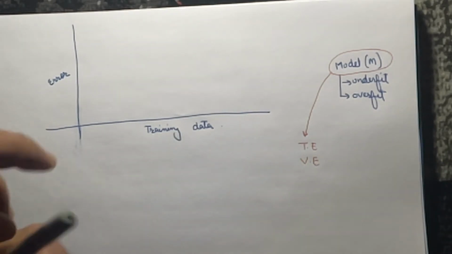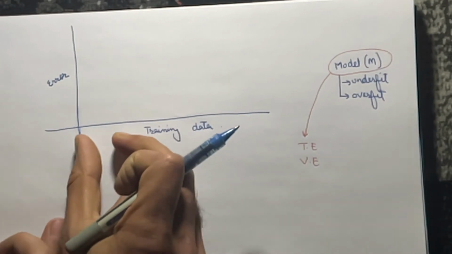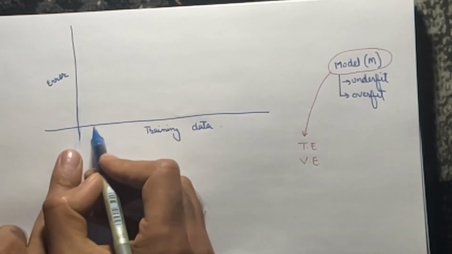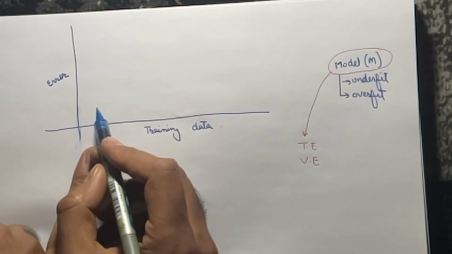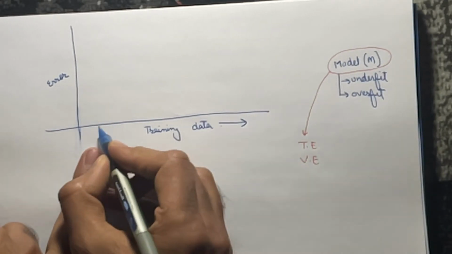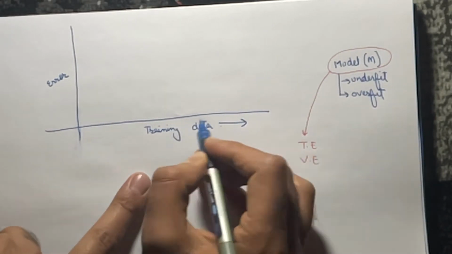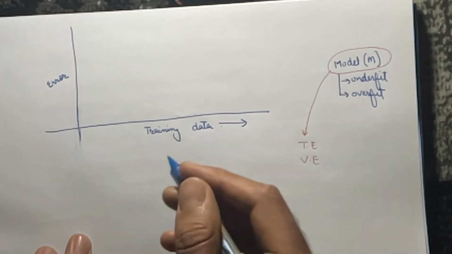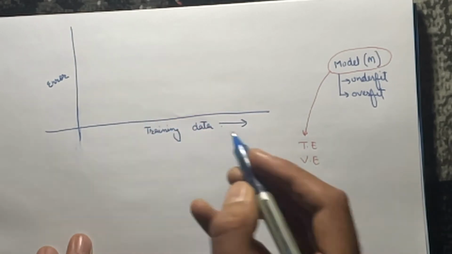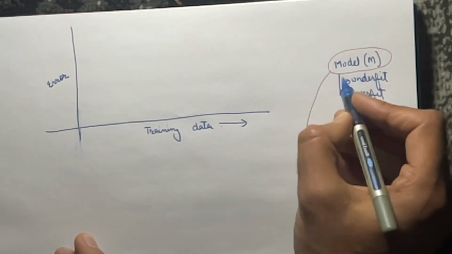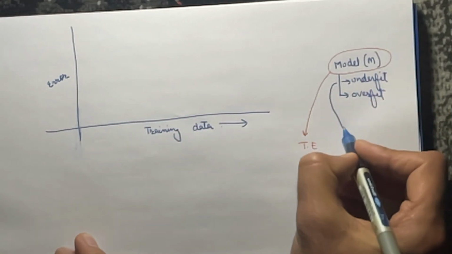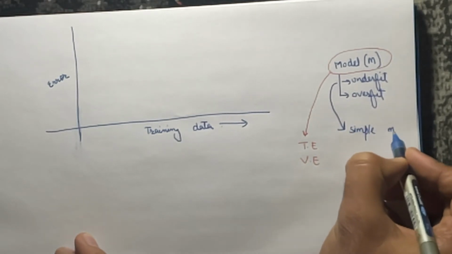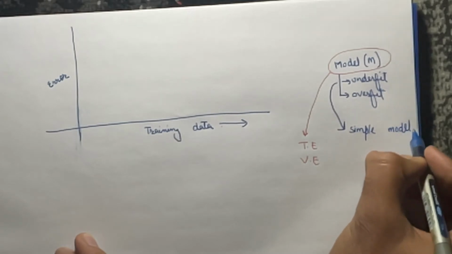Now let's see. When the training data is small, let's suppose only 1 or 2 points, we are increasing the size of training data, or we can say we are increasing the number of examples. Since the model is underfitting, it will be a simple model, let's suppose a simple line.